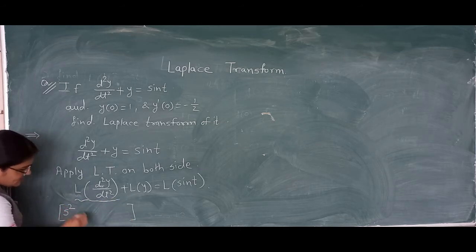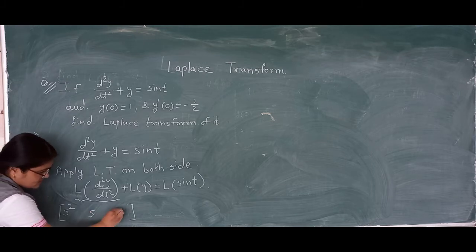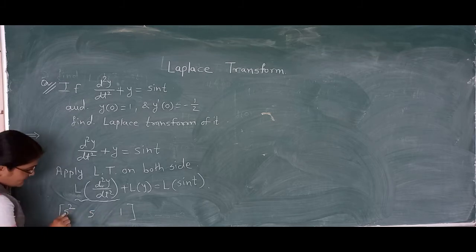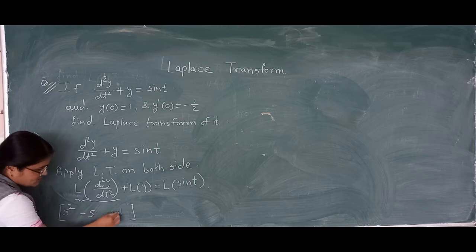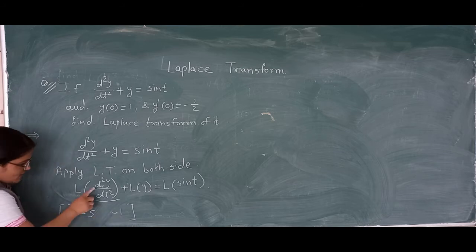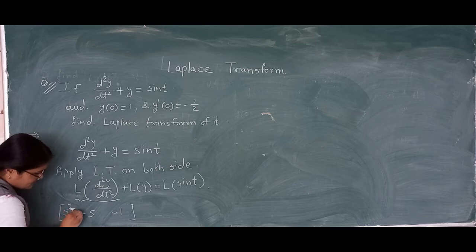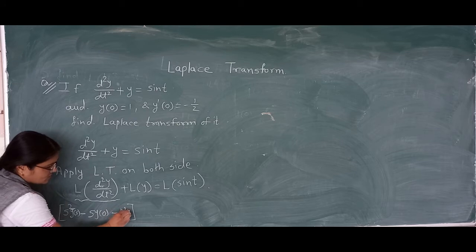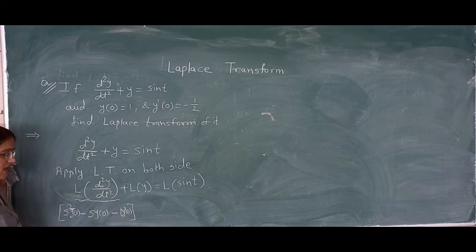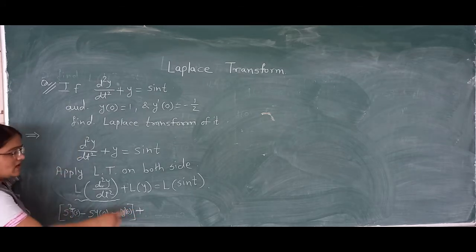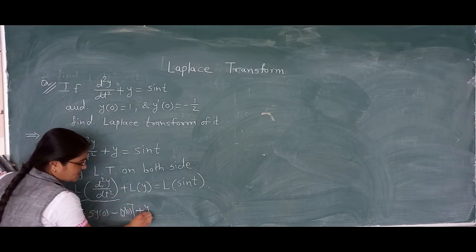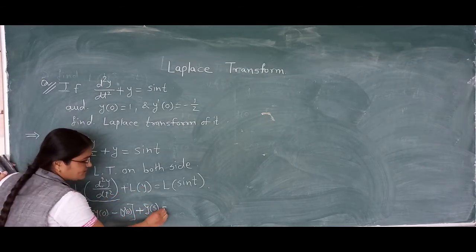It should start with s square, s, 1. The first term is positive, remaining two terms are negative. Along with the first term, it should be y bar of s, y at 0, y dash at 0. Plus Laplace of y is nothing but y bar of s.